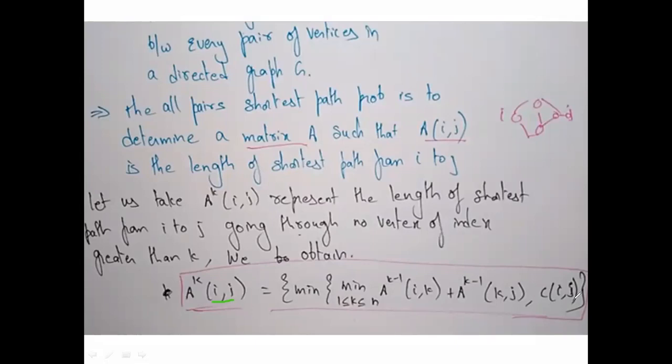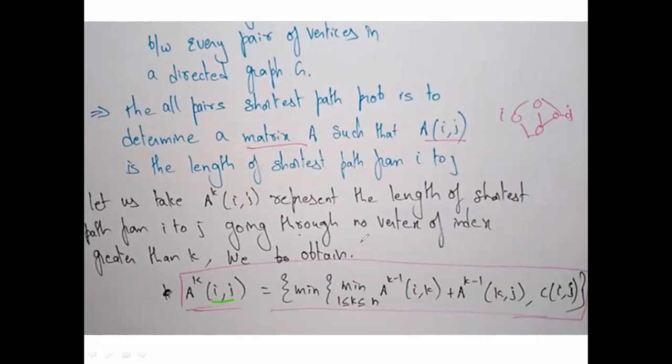This is the formula we use to find the all pair shortest paths from all the vertices. Here A power k of i comma j represents the length of the shortest path from i to j going through no vertex of index greater than k.